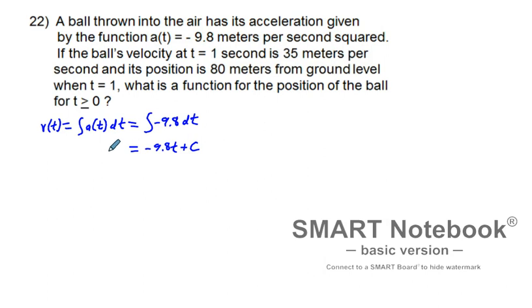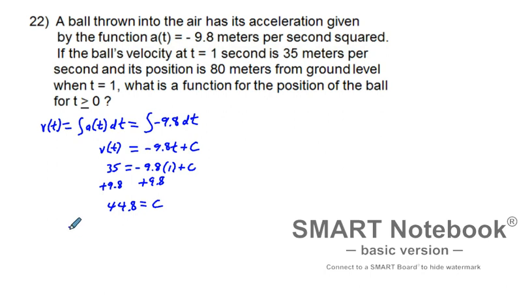So that's v of t. So velocity, 35 meters per second, equals negative 9.8 times 1 plus c. If we add 9.8 to both sides, we're going to get 44.8 for c.